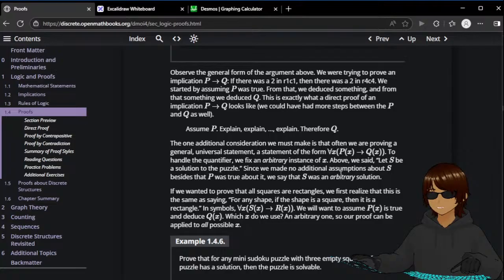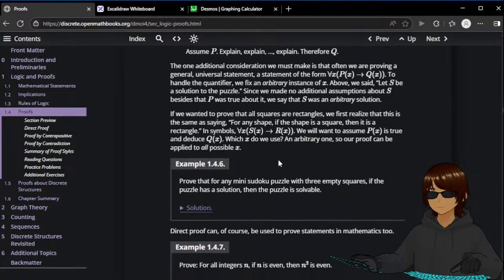Since we made no additional assumption about S besides that P was true about it, we say that S was an arbitrary solution. If we wanted to prove that all squares are rectangles, we first realize that this is the same as saying for any shape, if the shape is a square, then it is a rectangle. In symbols, for all x, if x is S, then x is R.